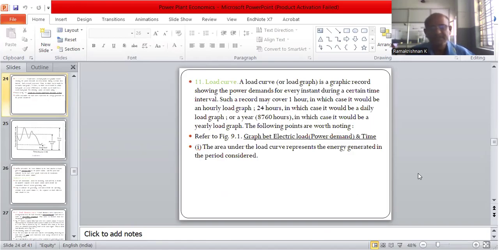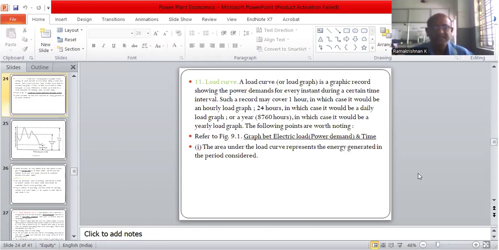It is a graphical plot between the electric power demand and the period of time over which the load curve is considered. The time period may be 1 hour.